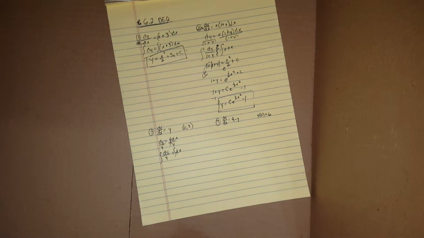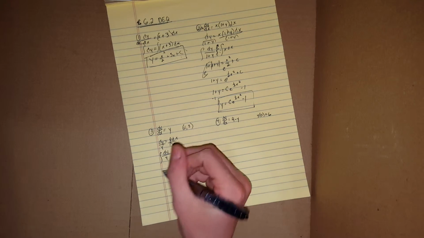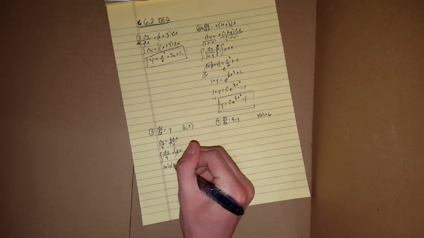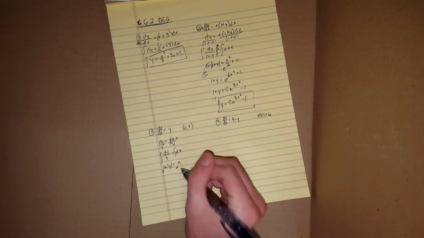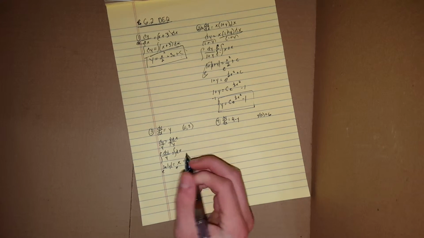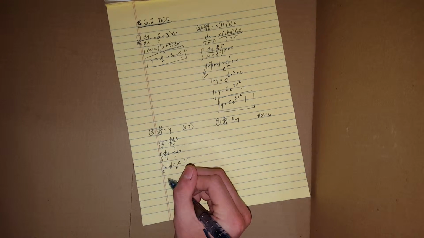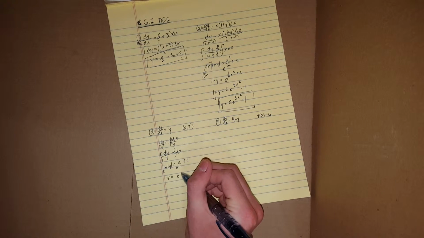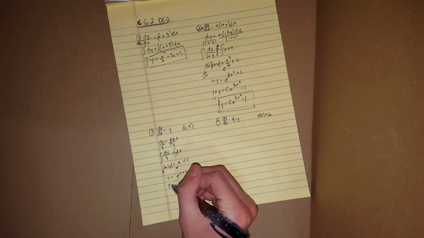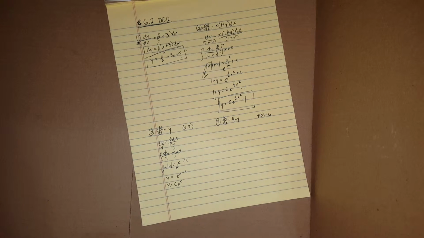Integrate both sides. And then we get natural log of the absolute value of y is equal to x. Same thing with e, plus c. And then we get y is equal to e to the x plus c. Y is equal to c e to the x.